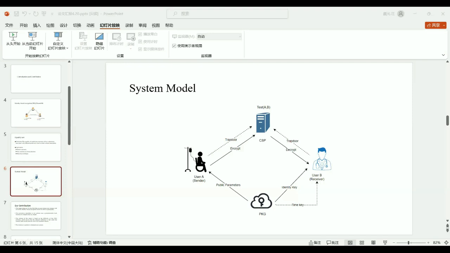Then it was verified that the proposed scheme is efficient in terms of storage overhead and computing overhead, and it was proved that the ciphertext is secure under the random oracle model.